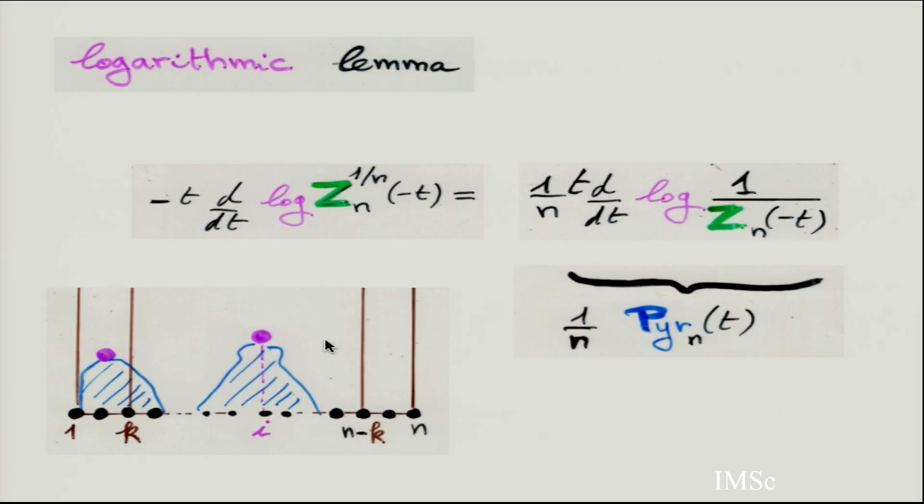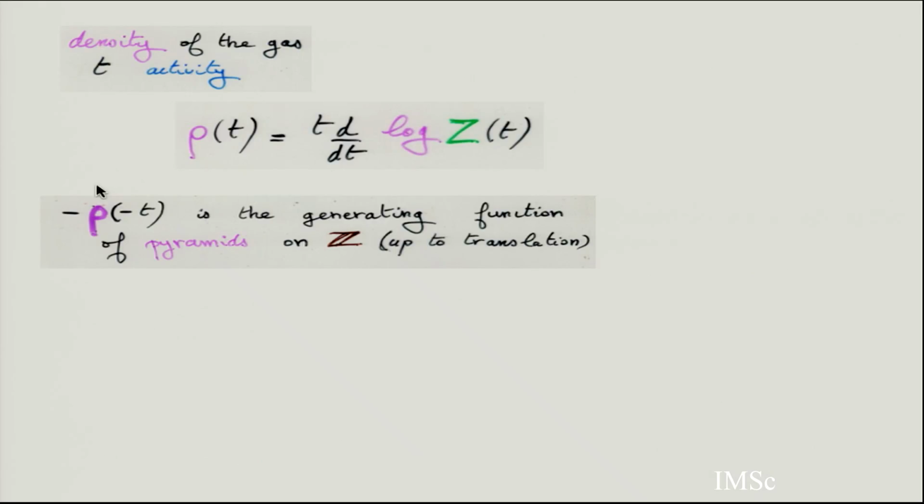So we understand that going to the limit means you cancel this border effect, and at the limit you get the generating function for all pyramids with no condition on the bounds. So at the limit you have interpreted this theorem, minus rho of minus t, where rho is the density, called in physics the density of the gas. If you take minus rho of minus a, this is the generating function of pyramids on Z up to a translation.